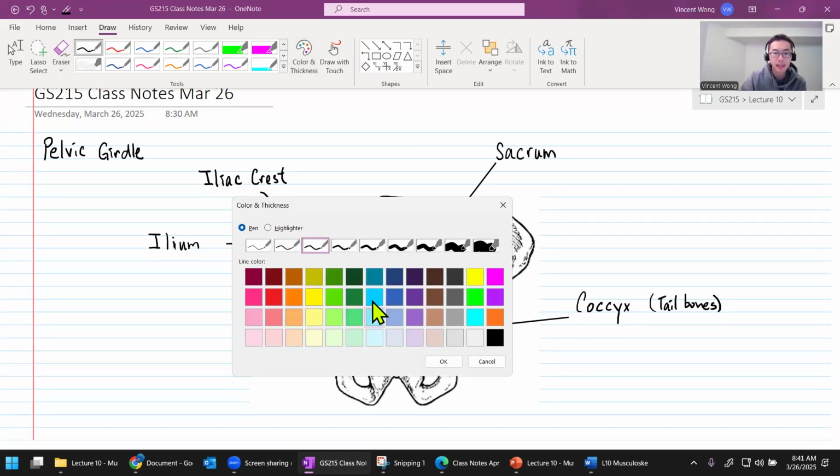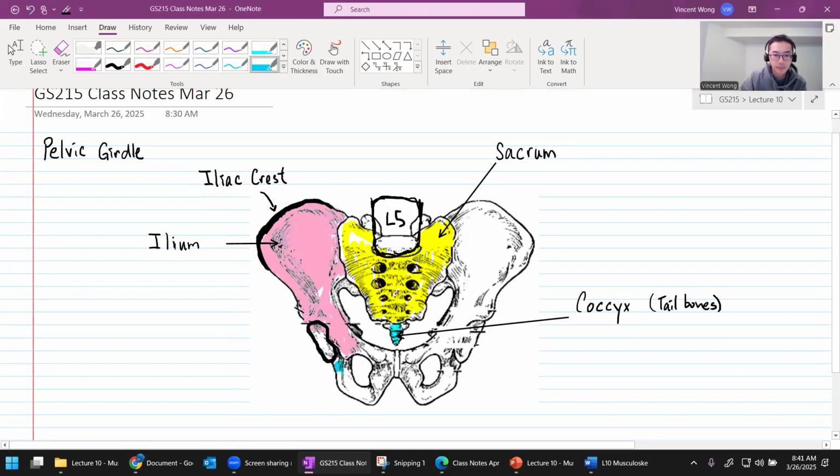Okay, let's keep going. Let's do another one right here at the back. This is the one that we're sitting on, and it's going to form a little bit of the socket as well.